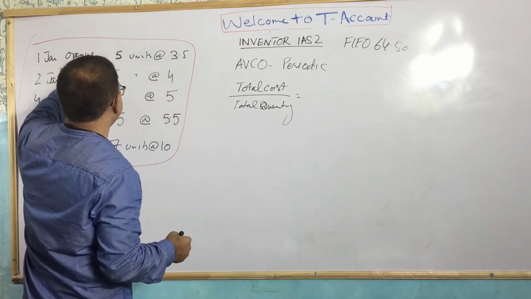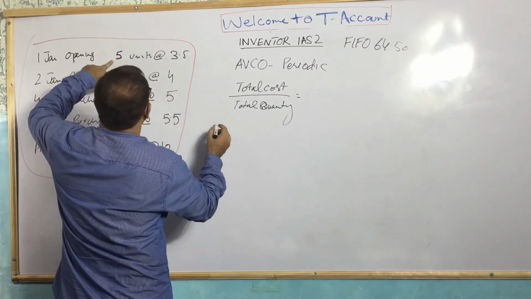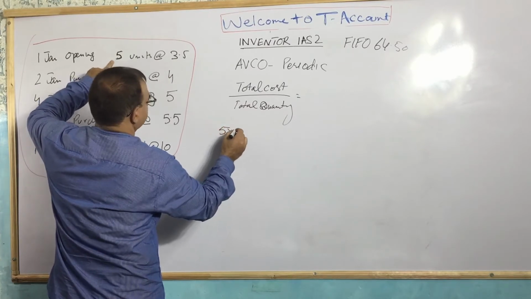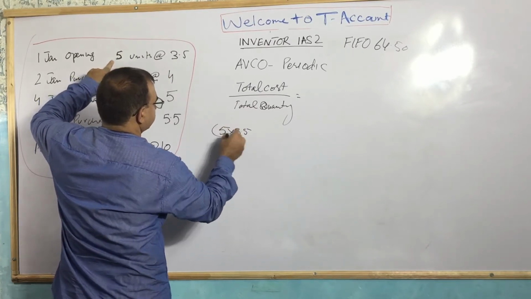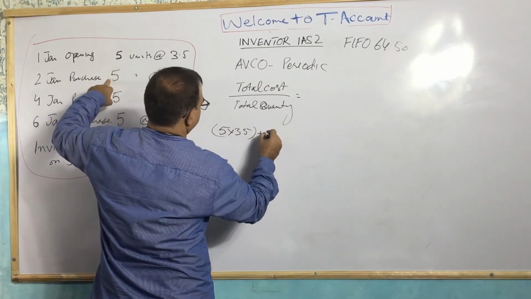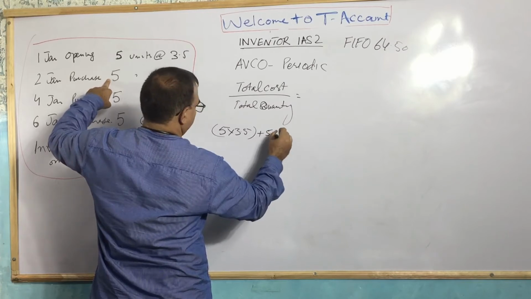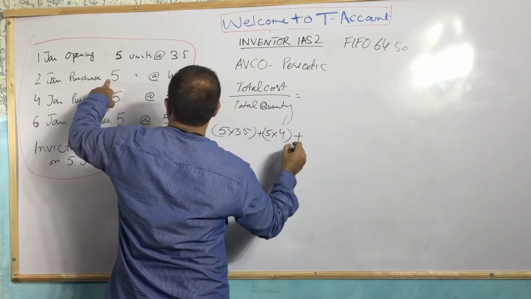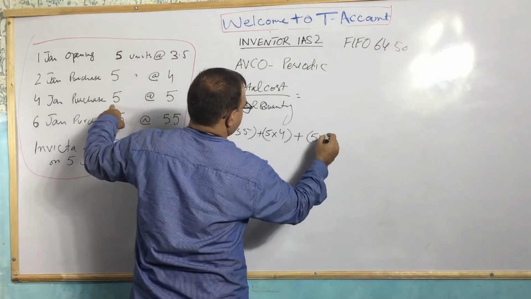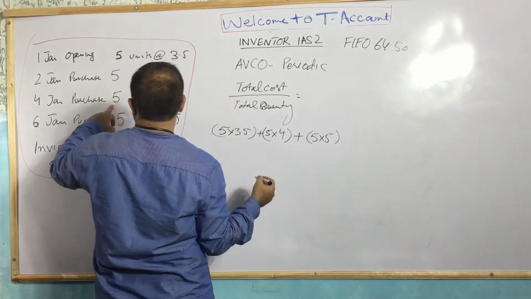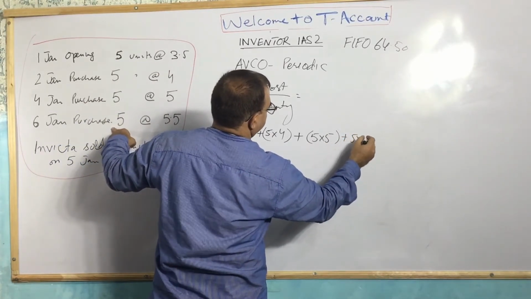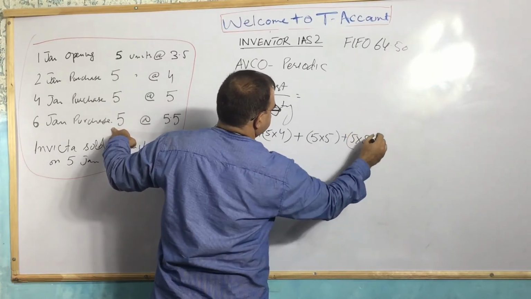So now, if you have a scientific calculator, it will be much easier. 5 into 3.5 plus 5 into 4 plus 5 into 5 and then 5 into 5.5.